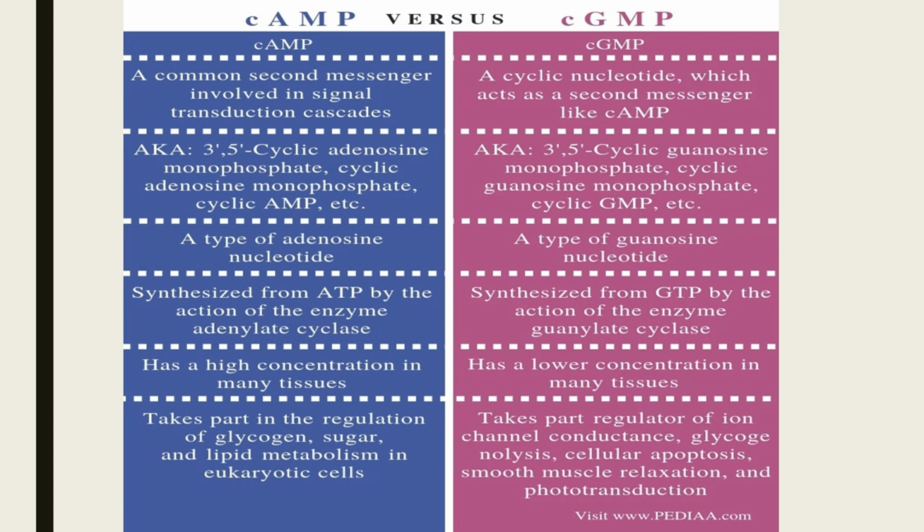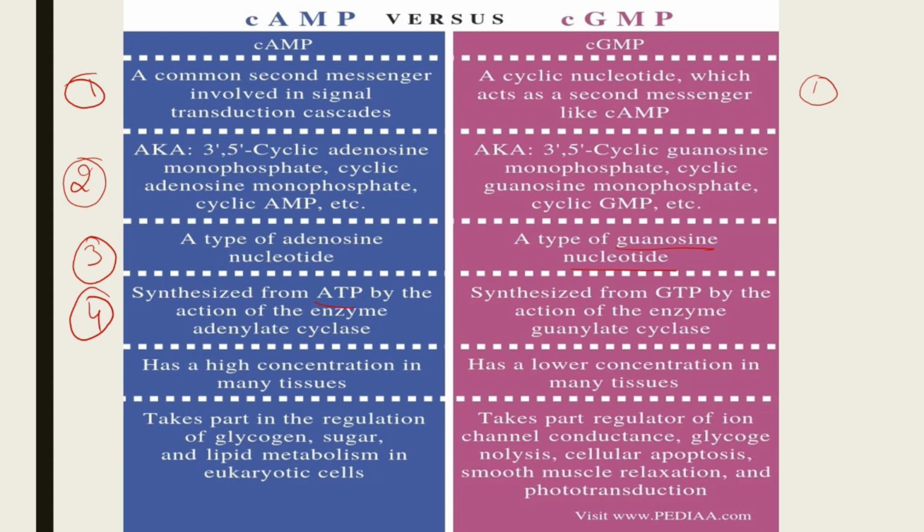The first difference is that cyclic AMP is a common second messenger involved in signal transduction cascades, whereas cGMP is less common. The second difference is in the name: 3',5'-cyclic adenosine monophosphate, whereas cGMP is 3',5'-cyclic guanosine monophosphate. Third, cyclic AMP is an adenosine nucleotide, whereas cGMP is a guanosine nucleotide.